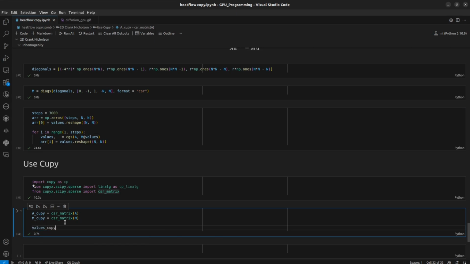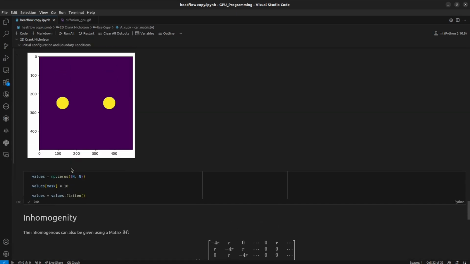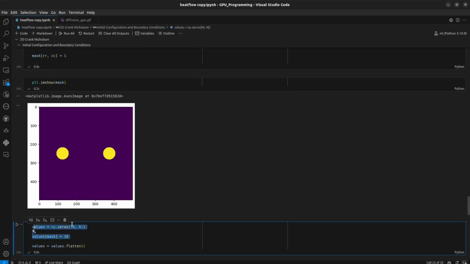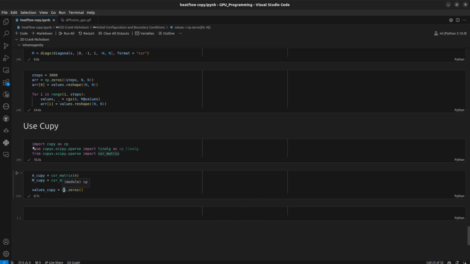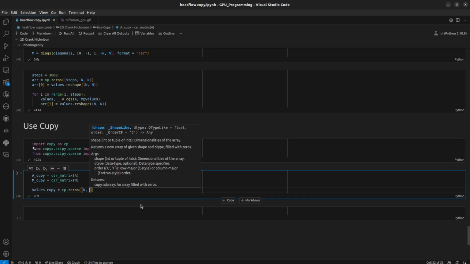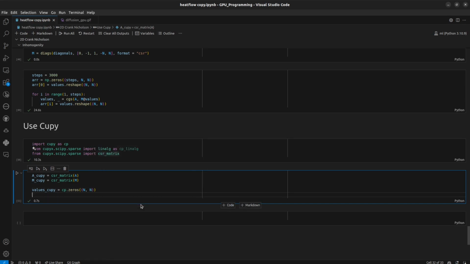So we're going to do the exact same thing as we did here, but we're going to replace all NP with CP everywhere, and all these API calls have the exact same signature. That comes in really handy.